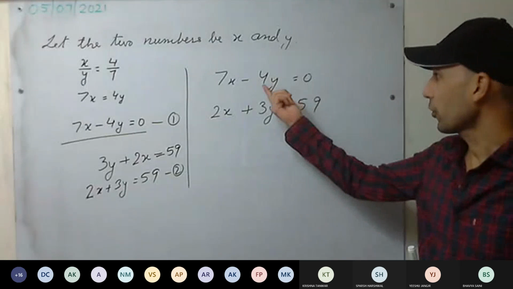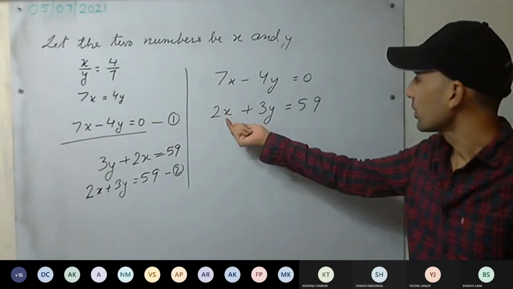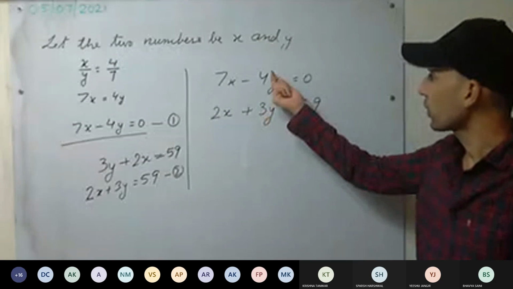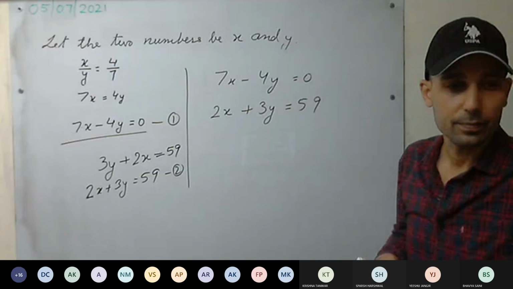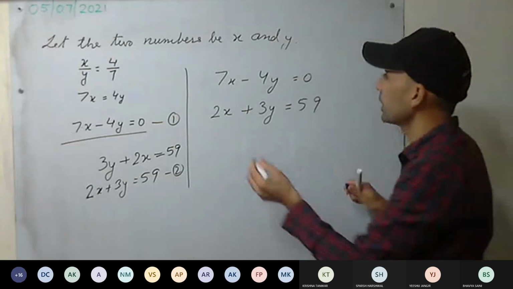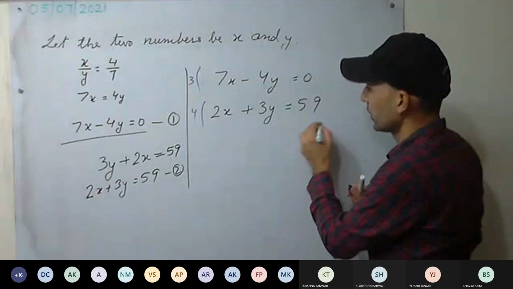Okay. These are for equating the coefficients. It means for solving for y we are making them equal: multiply this with 3 and this with 4.